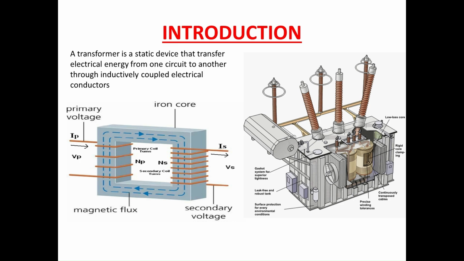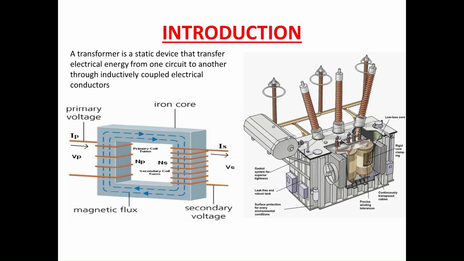Here you see the cross sectional view. Most of the students have studied the circuit diagram and the equivalent circuit diagram, but when they come to the field or any industry and see a transformer like the one on the right hand side, they are shocked: where is the winding, where is the core?